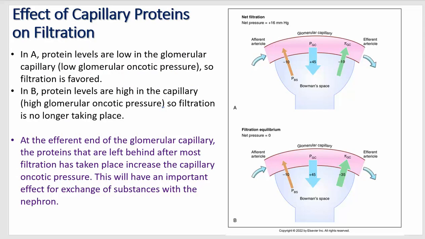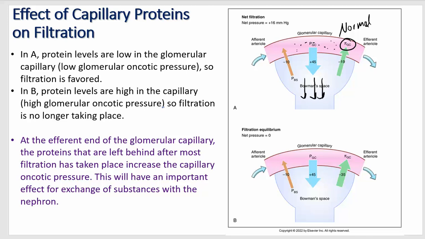All right, so effective capillary proteins on filtration. This is the example that I was talking about. So if we have a normal, or typical amount of proteins pulling back, we can see that the oncotic pressure pulling back is only 19. I don't know why they use 19 instead of a nice round number, but that's what they have, and so we still have a positive filtration pressure.